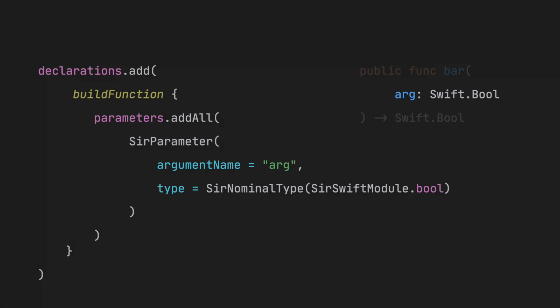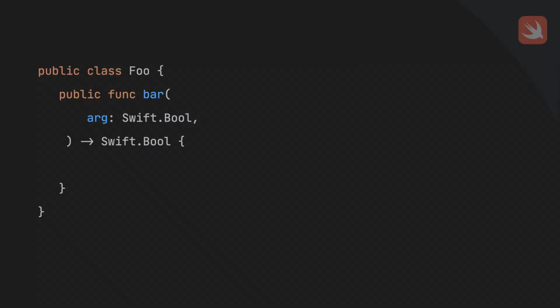In this case, if you see this, I'm not using a DSL function for it. I'm using the raw SIR parameter type, and I'm giving it the name of the parameter, and I'm specifying what type this is. Keep in mind the way that I'm specifying the bool, just as I did before, I'm grabbing it from my Swift module, my built-in structs that I could use for my types. So this is how you add an argument to our SIR tree.